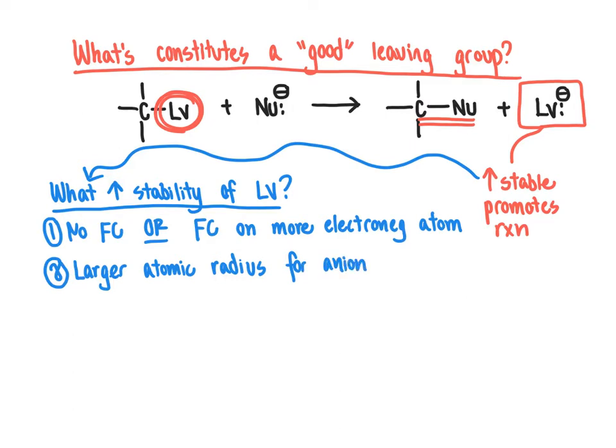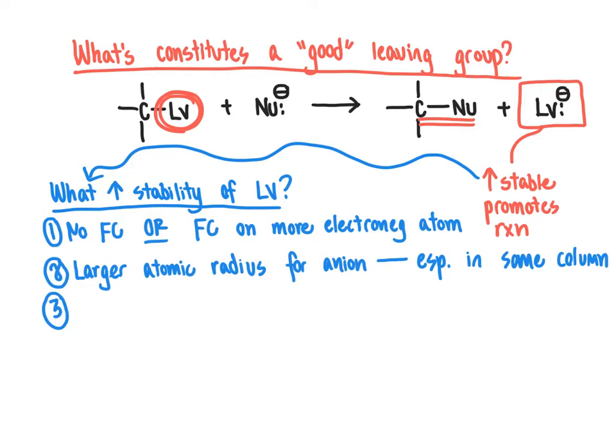This typically applies most strongly to atoms that are in the same column, the same group, of the periodic table. So if you're comparing, say, an oxygen and a sulfur, the larger atomic radius of the sulfur is going to help stabilize the sulfur anion relative to an oxygen anion. Hence, sulfur is going to be a better leaving group than oxygen.